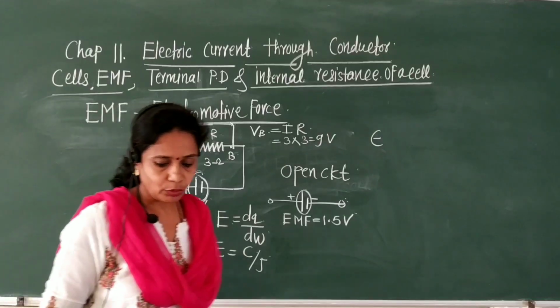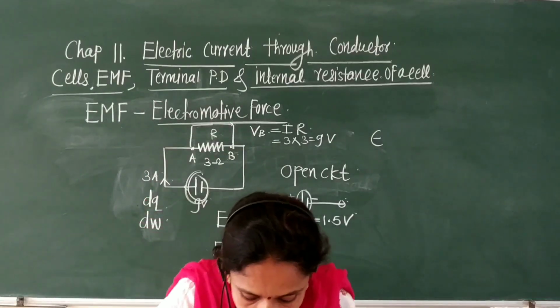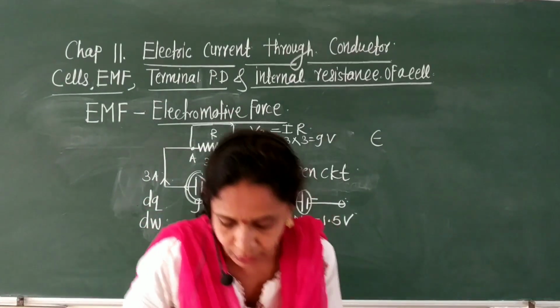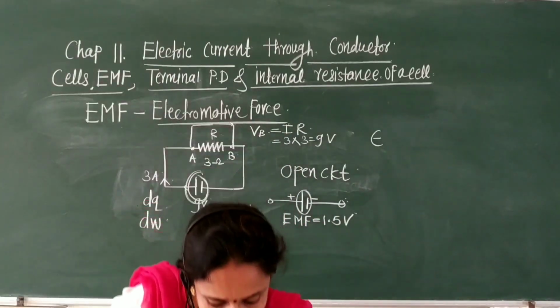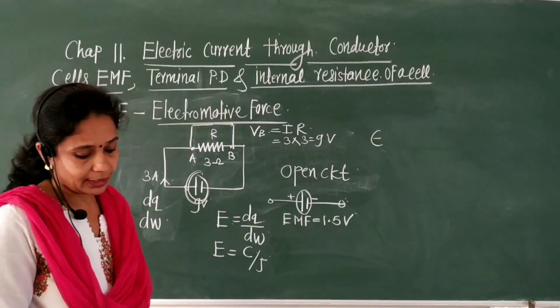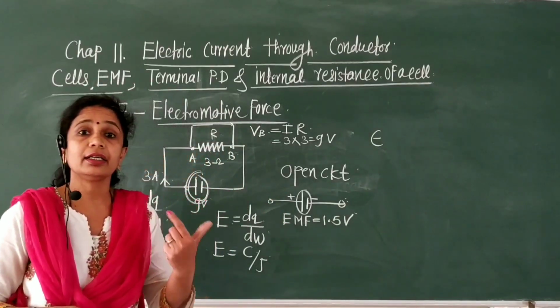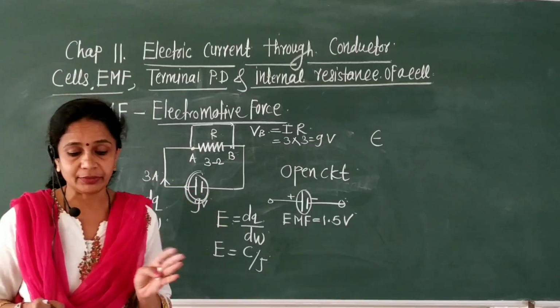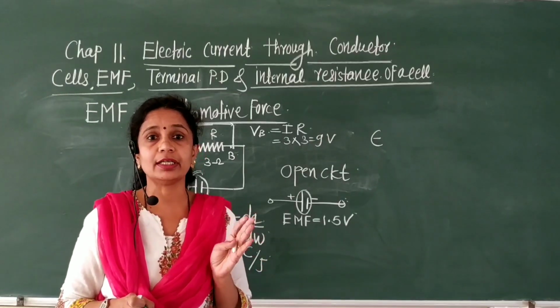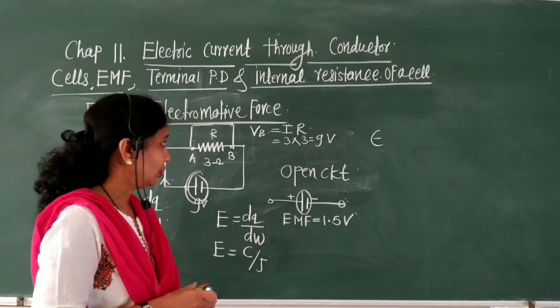If the charge is flowing through the circuit, then there is an internal resistance, and the EMF differs from the potential difference across its two terminals.